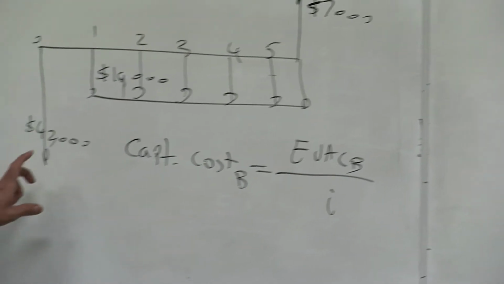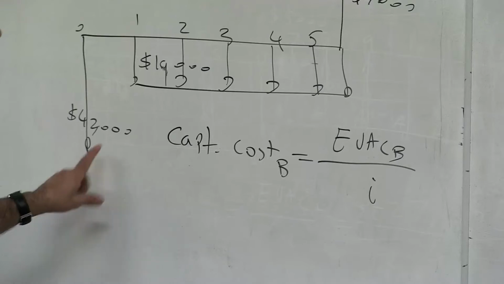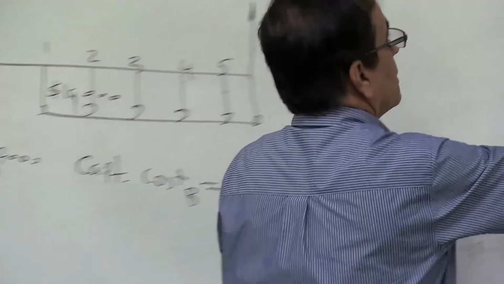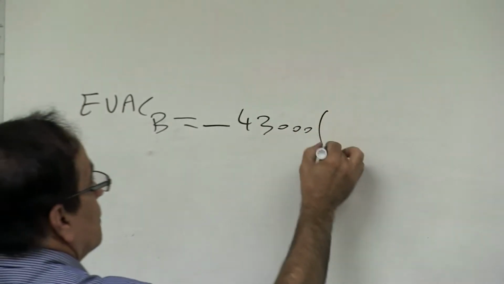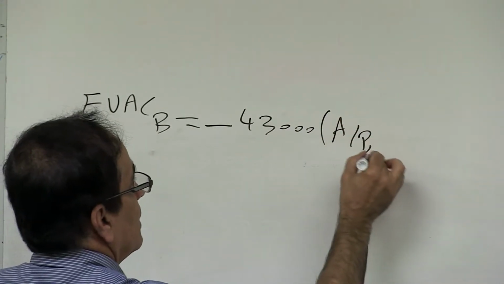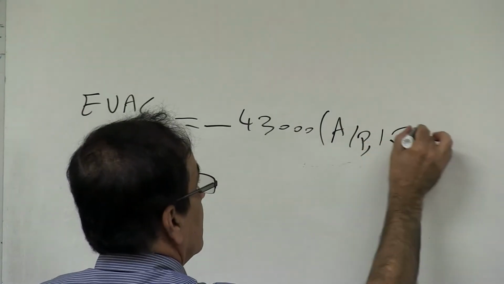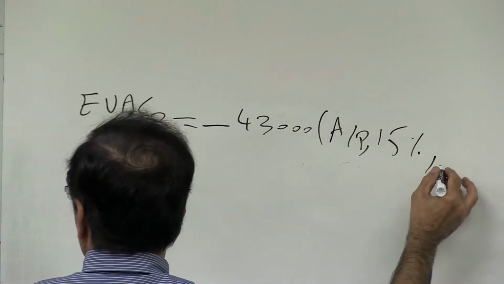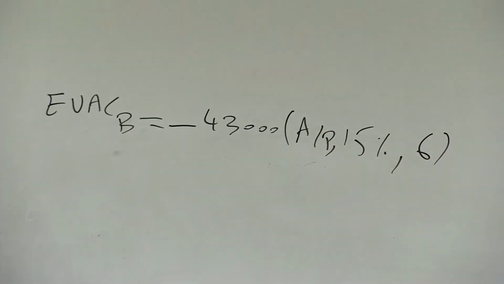Anything that is not uniform, you have to make uniform. You have 43,000 at time 0, that's not uniform. Because it's a present worth value, you multiply it by A given P, at 15% and 6 years. That's going to make this a uniform payment.